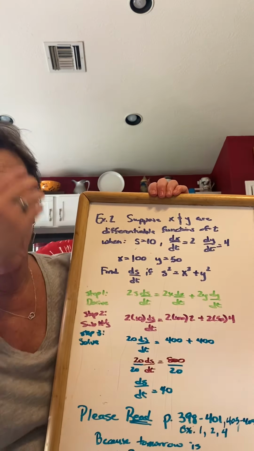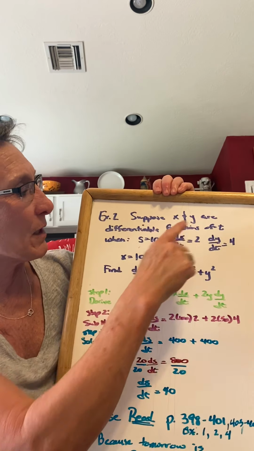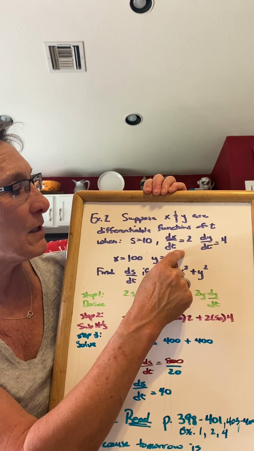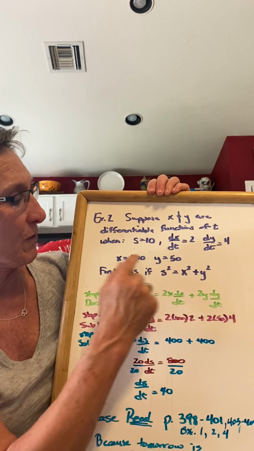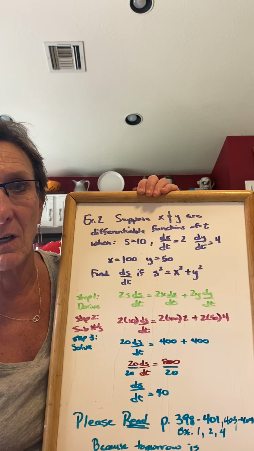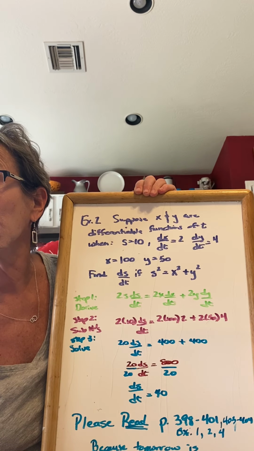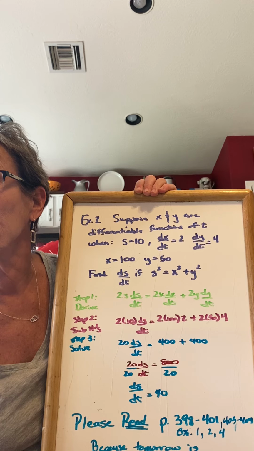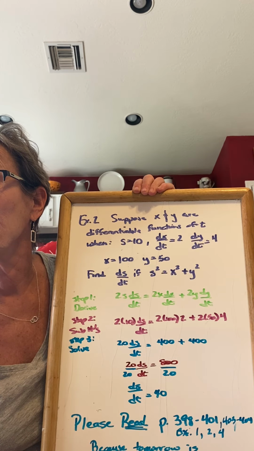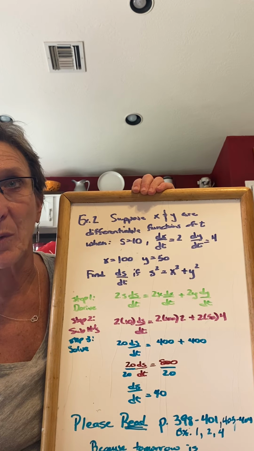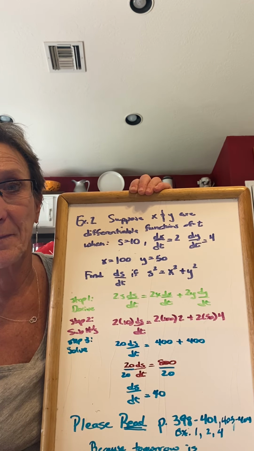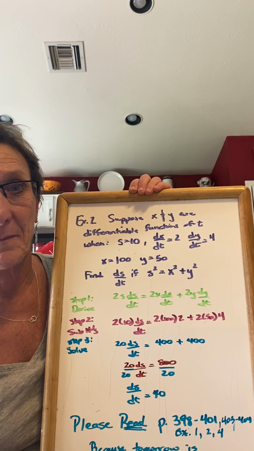All right. Example 2. Suppose x and y are differentiable functions of t when s equals 10, dx dt equals 2, dy dt equals 4, x equals 100, and y equals 50. So write that down. Again, this is not in the book. They jump to word problems immediately.